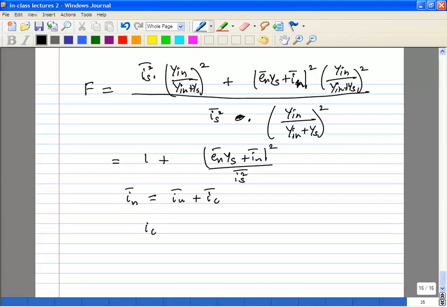We know that Ic is completely correlated with En, so we are also going to write it in terms of some admittance Yc. Once it's correlated, you can write it in this form. And Yc is called the correlation admittance.